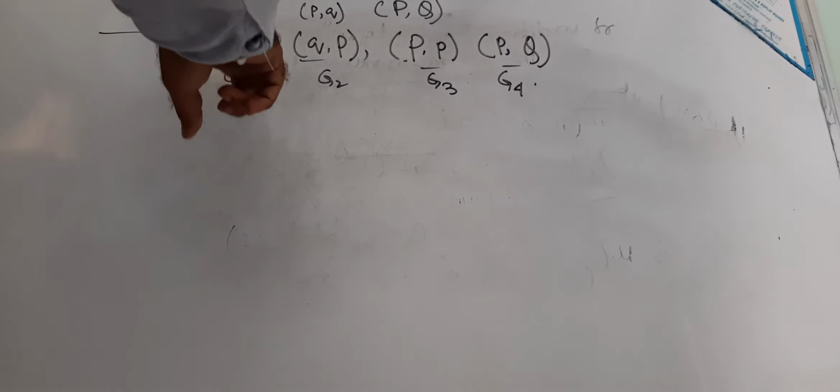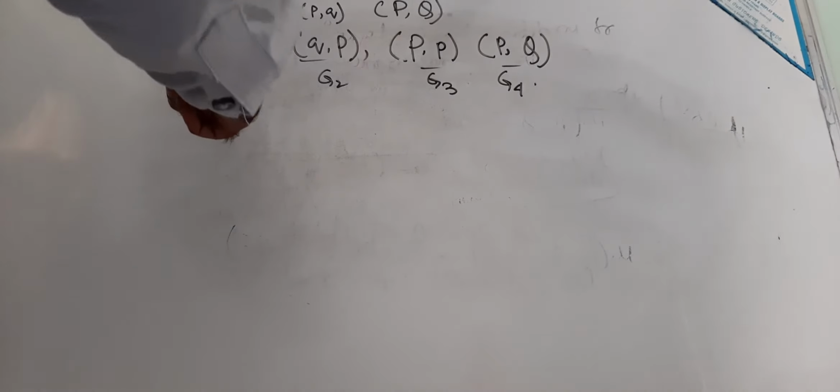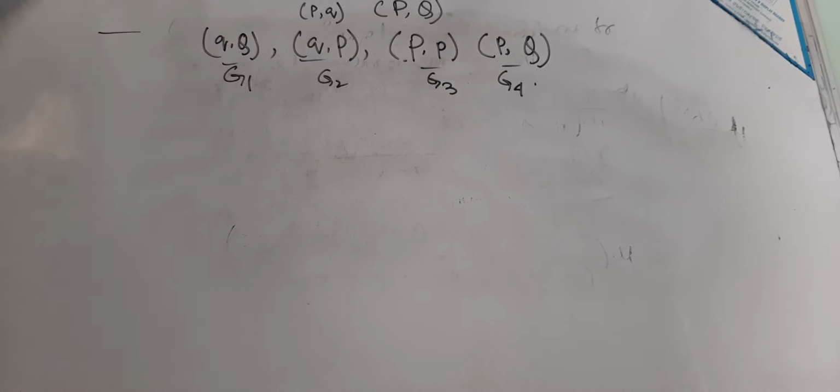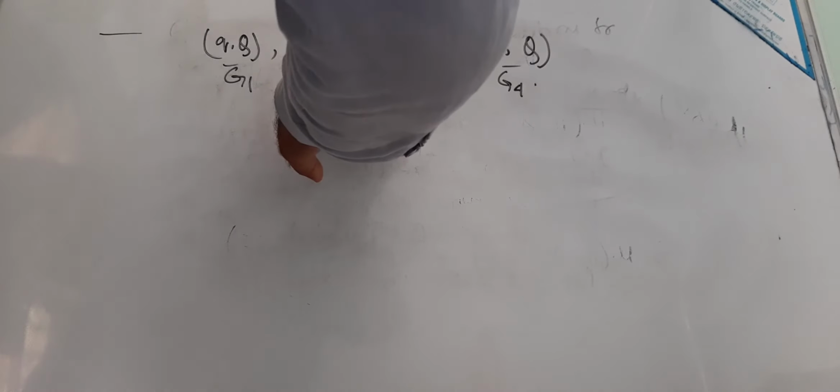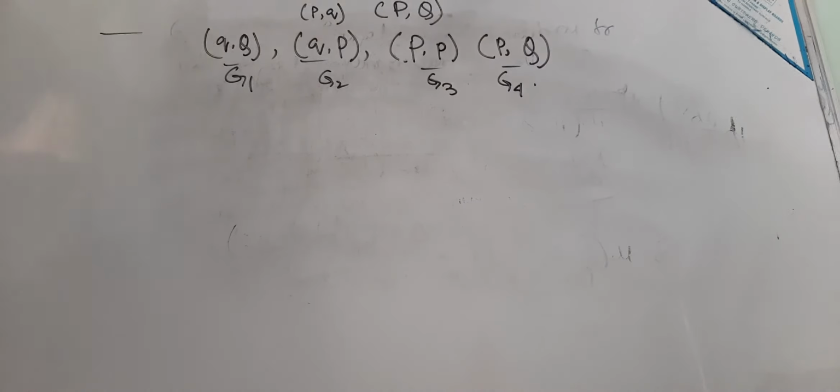Using this generating function G1, we will get small qi and capital Q. Using G2, you will get small q, capital P. Using G3, you will get capital P and small p. And using G4, you will get small p and capital Q.